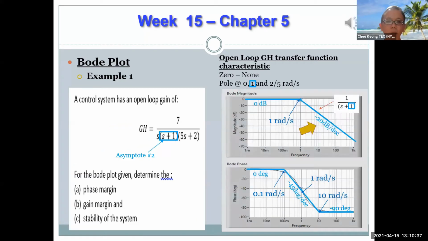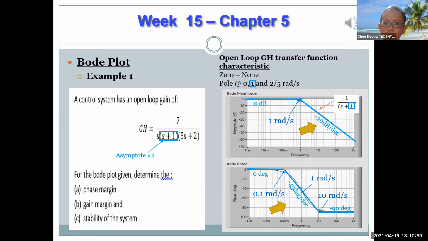Now if we shift and look at the next asymptote, that is 1 over s plus 1. Using form 5 for the magnitude plot, we will have a flat response from negative infinity to 1 radian per second. Thereafter the response will slope down at minus 20 decibels per decade till infinity.